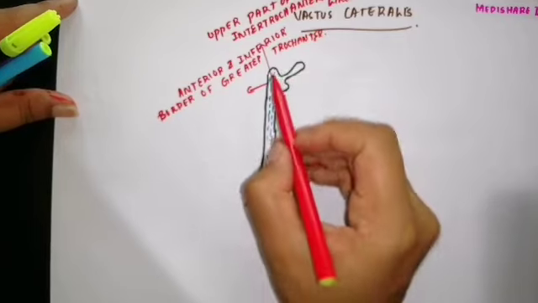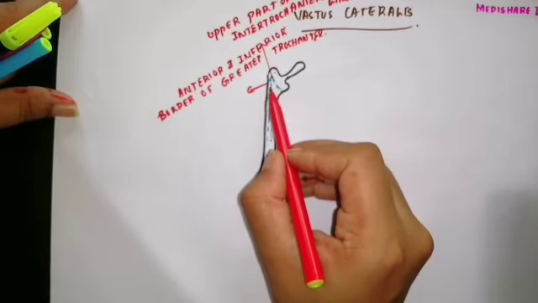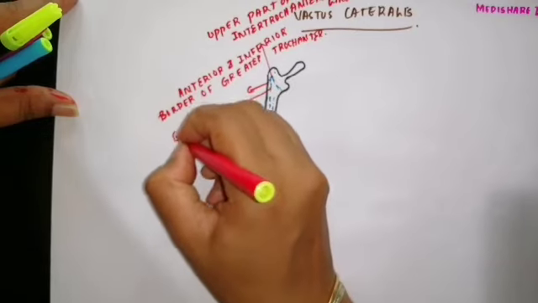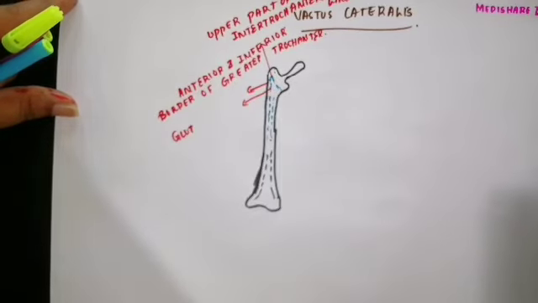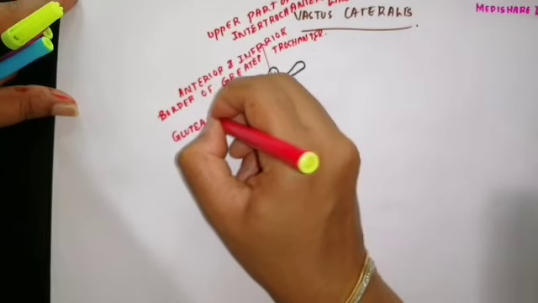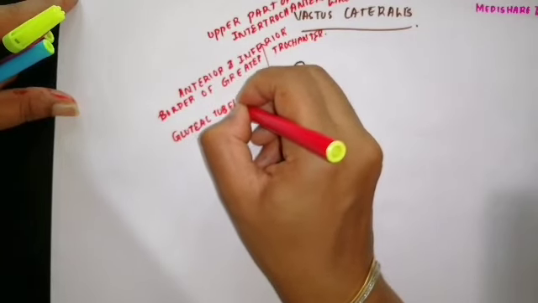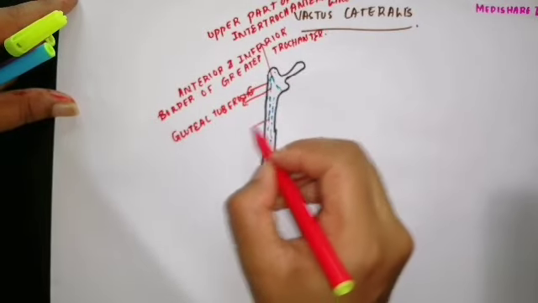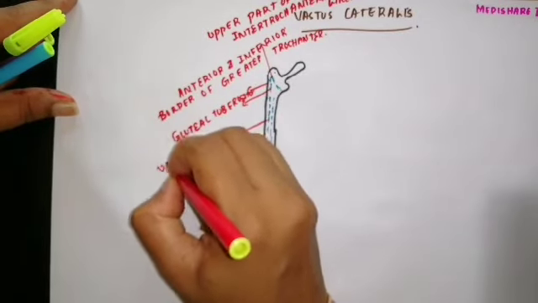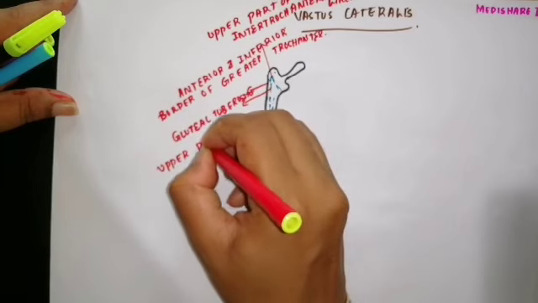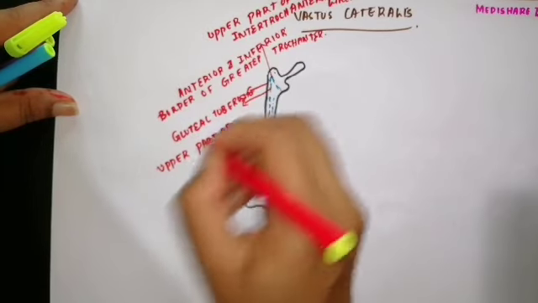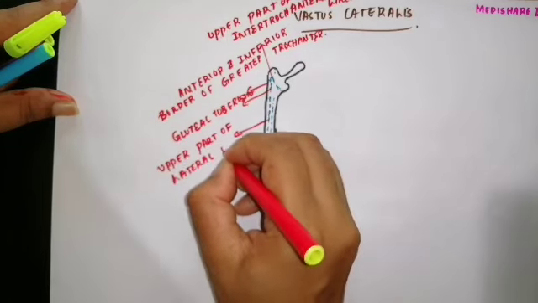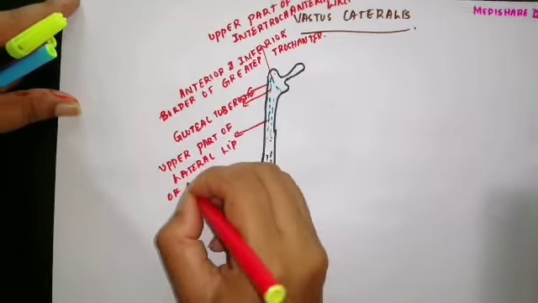Now it is also arising from the gluteal tuberosity. You can see the gluteal tuberosity here. It arises in the lateral lip of the gluteal tuberosity. And we can see the lateral lip of the linea aspera here, the upper part of the lateral lip of linea aspera.